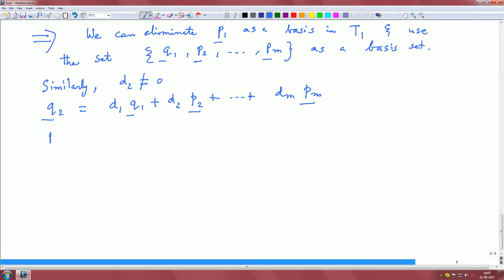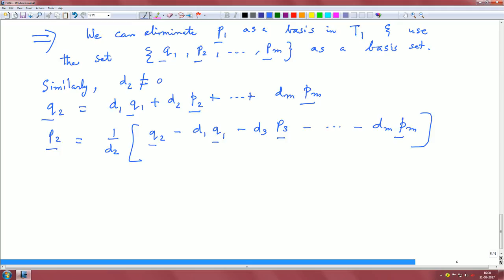So, now we do this elimination again, we say p2 is 1 over d2 times q2 minus d1 q1 minus d3 p3 minus dot dot dot minus dm pm.